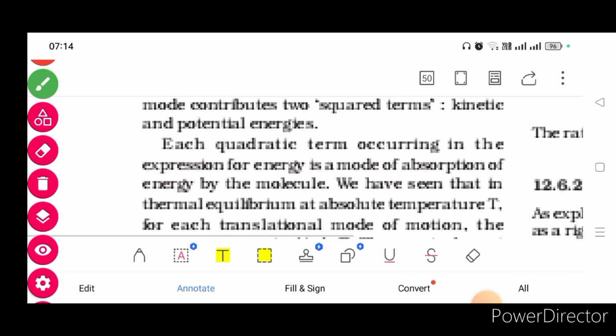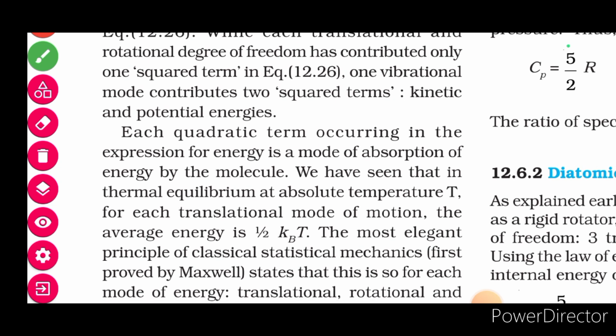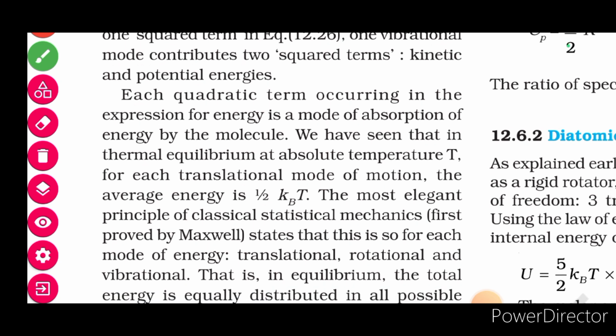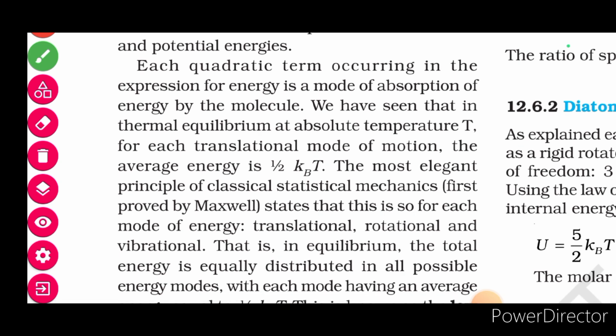Each quadratic term occurring in the expression for energy is a mode of absorption of energy by the molecule. We have seen that in thermal equilibrium at absolute temperature T, for each translational motion the average energy is half kT. We saw this in the previous paragraph, the temperature interpretation of kinetic energy.